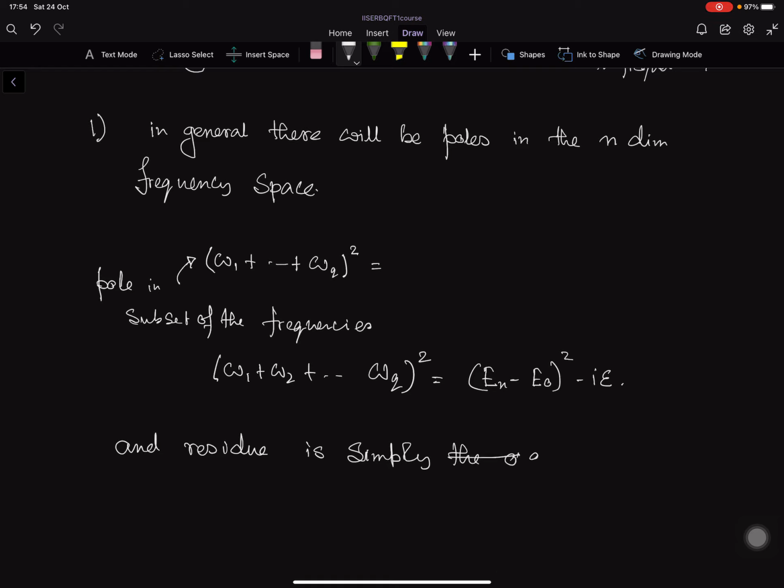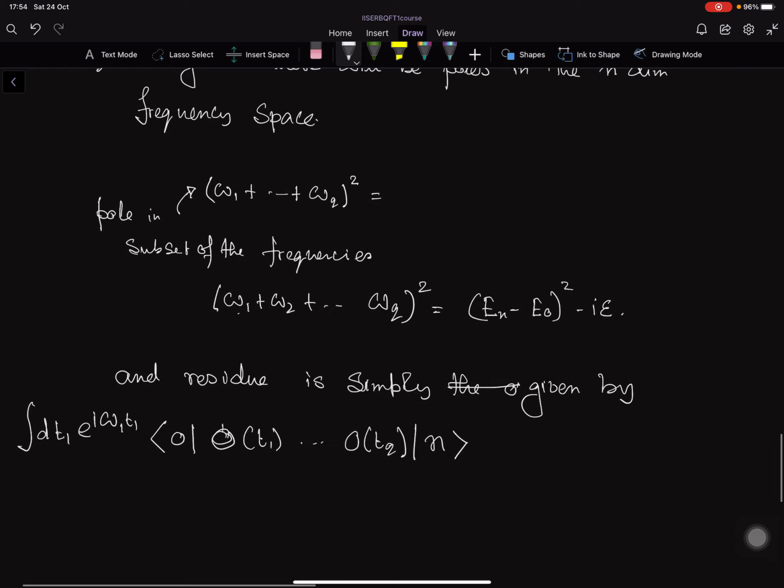If there is omega 1 to omega q, then this residue will be controlled by O(T1) ... O(Tq) overlap with n, and then you just take the Fourier transform with respect to dt1 and so on.